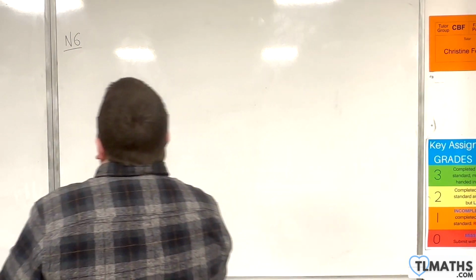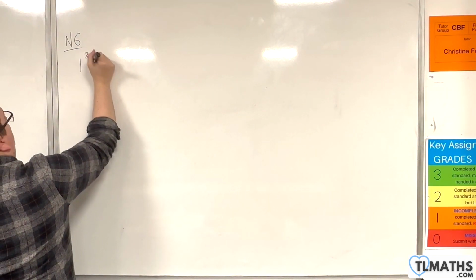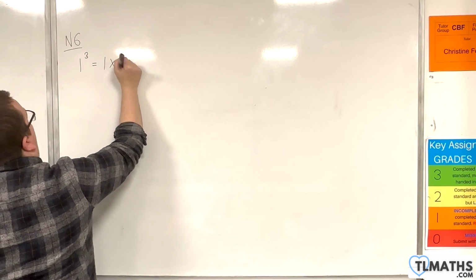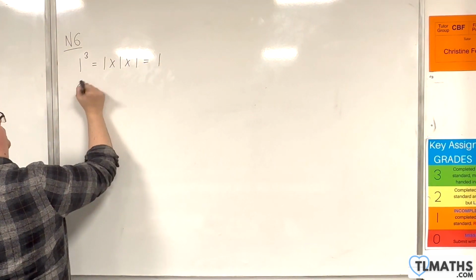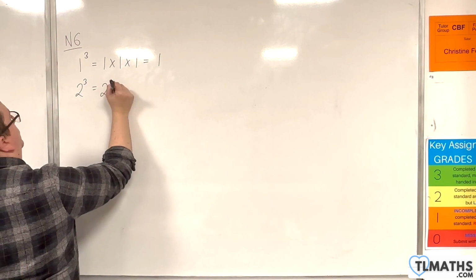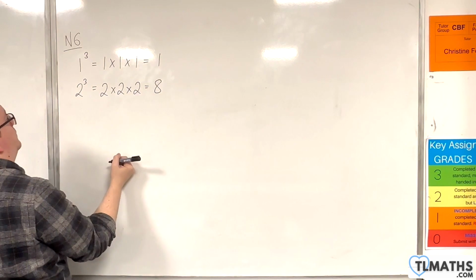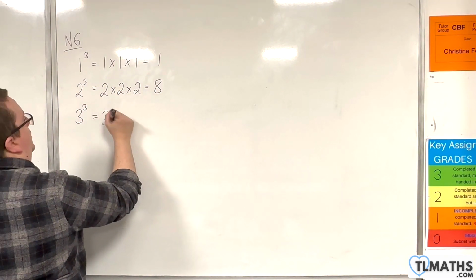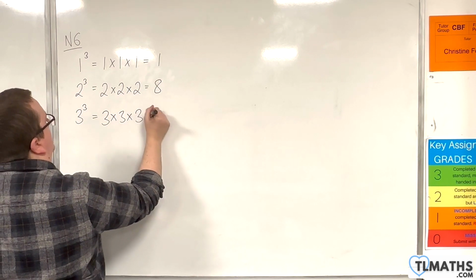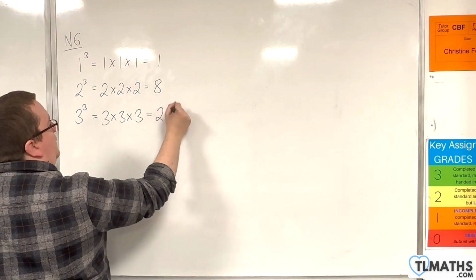So, ones we need to know. So 1 cubed, so 1 times 1 times 1, which of course is 1. 2 cubed, 2 times 2 times 2, which is 8. Then you've got 3 cubed, 3 times 3 times 3. Well, 3 3s are 9, times by 3 is 27.